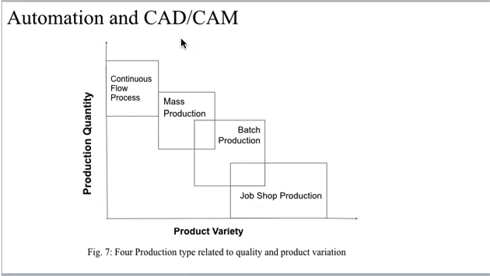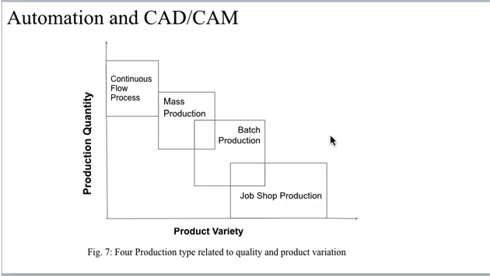Automation is defined as a technology concerned with the application of complex mechanical, electronic, and computer-based systems in the operation and control of production. The purpose is to establish the relation between CAD, CAM, and automation.